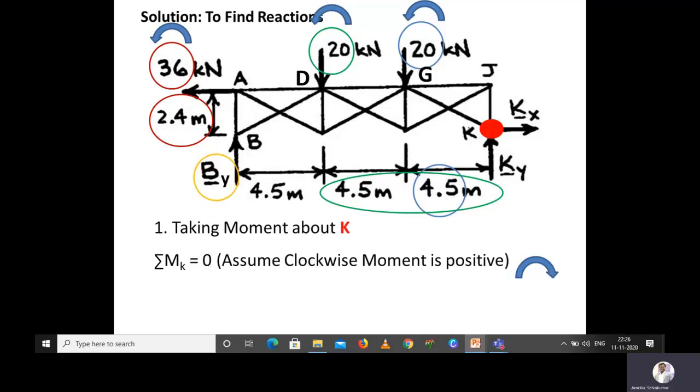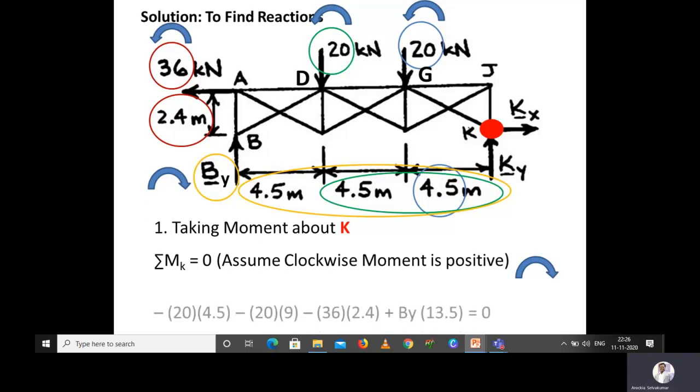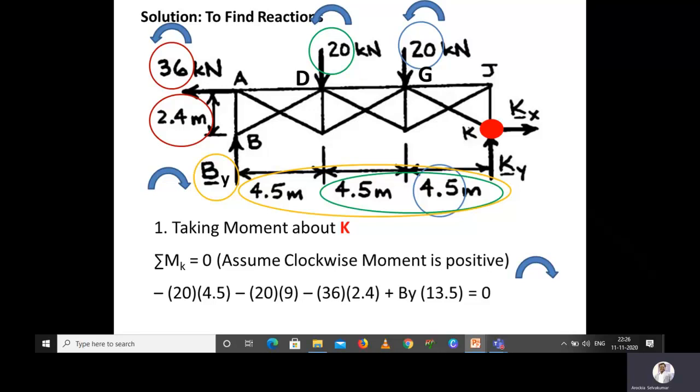A vertical reaction at B is acting upward, and we are holding at point K and applying a force at a distance of 13.5 meter, that is the perpendicular distance with respect to K for the force By. Obviously this force By will rotate the entire truss in clockwise direction, so we are going to take that as positive. As discussed, this is the equation. As we are considering the truss is in equilibrium, we are taking the summation of moment about point K is equal to 0.